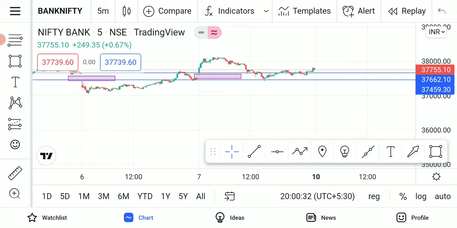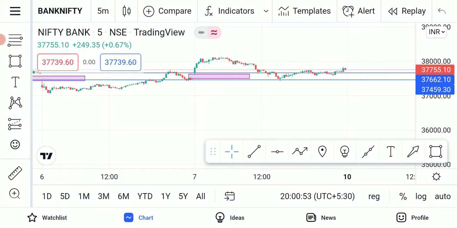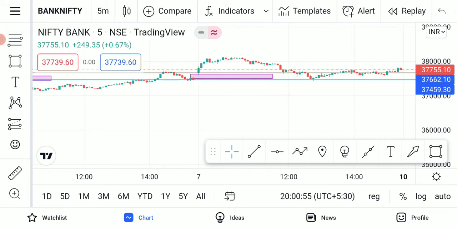And where would you know that it is going to pull back? As I said, yesterday 38,000 was the resistance, a good resistance level. How would you know that the resistance is strong and the bullish view is not continuing? If you see little pieces of signals, we call them pin bars.